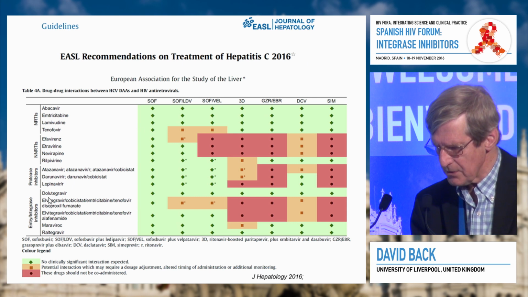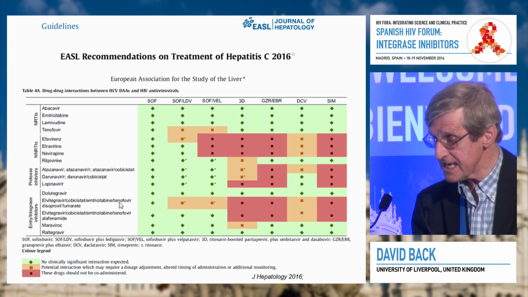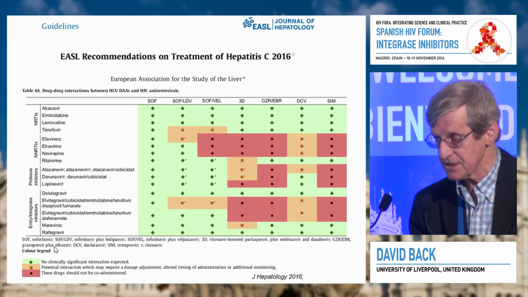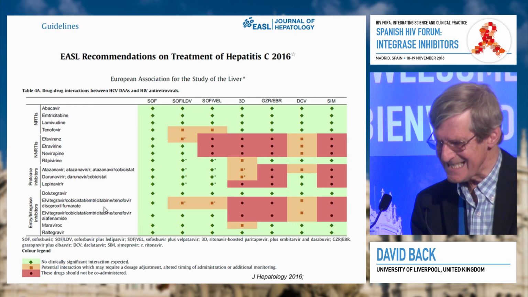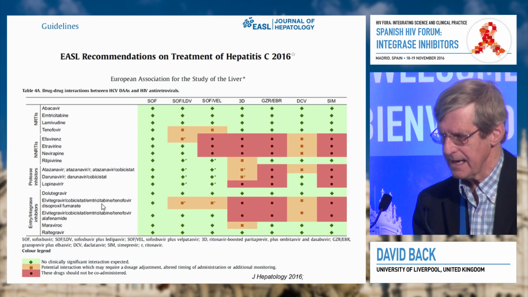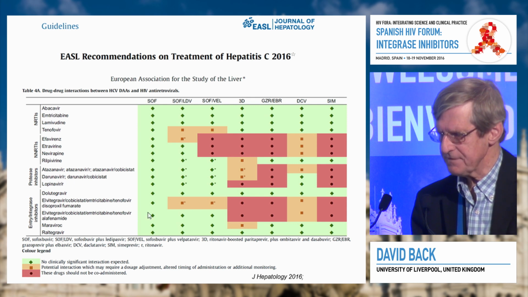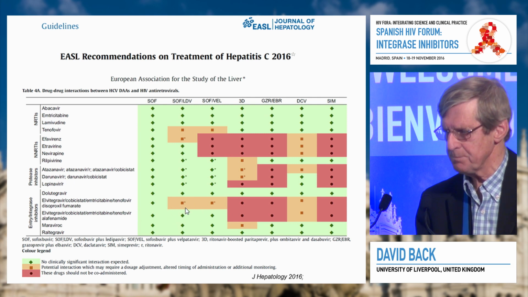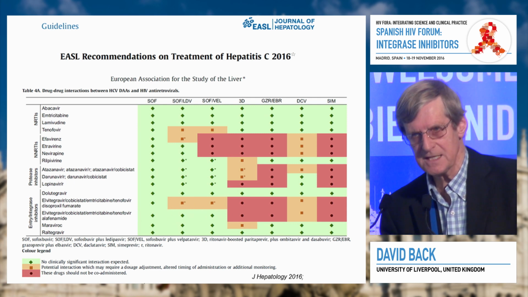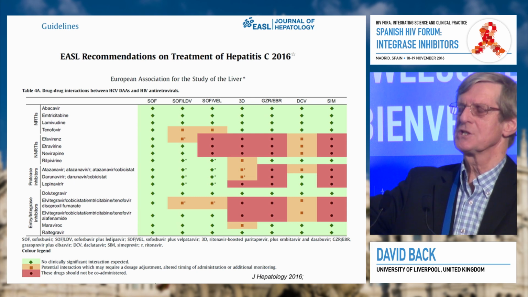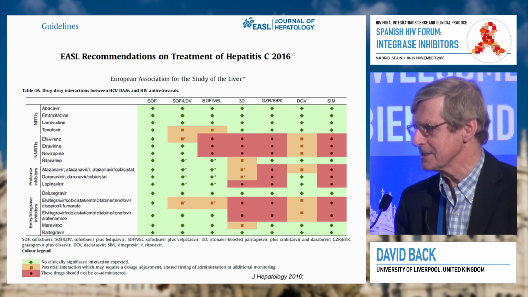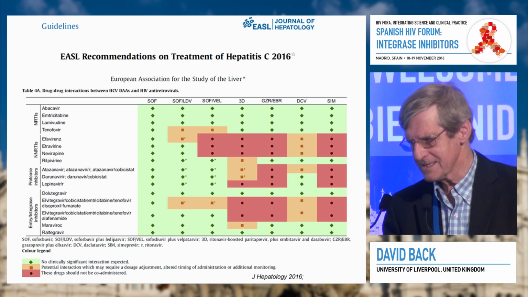Just notice down here, Dolutegravir has no drug interactions with any of the hepatitis regimens, nor does Raltegravir. FTC-TDF has a number. FTC-TAF has similar, apart from sofosbuvir/ledipasvir and sofosbuvir/velpatasvir, which is all related to Tenofovir exposure, if that doesn't get too complicated. So there are differences and there are similarities.